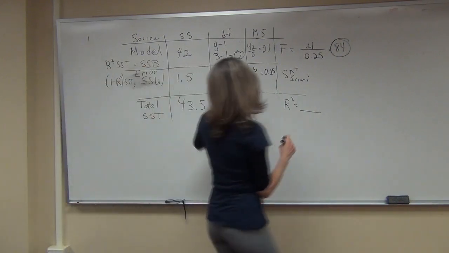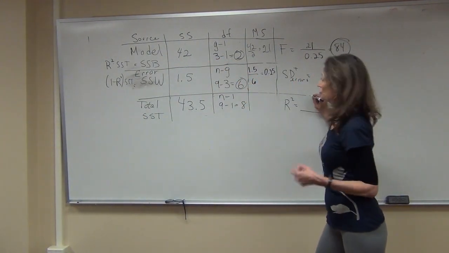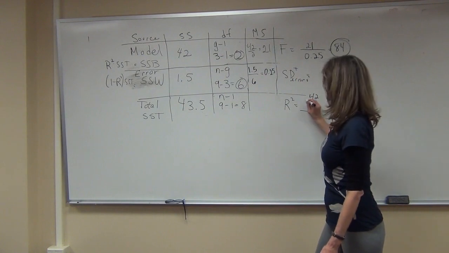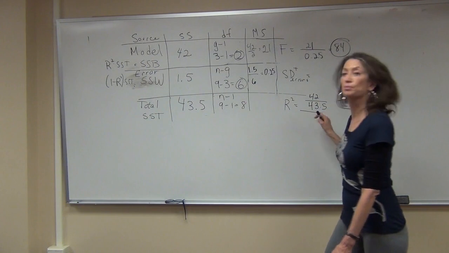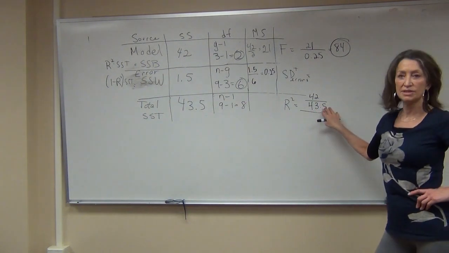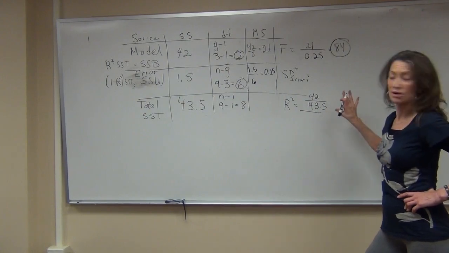So r squared must be equal to 42 divided by 43.5, which is the proportion of the total variance due to the model. So it's an extremely high r squared.